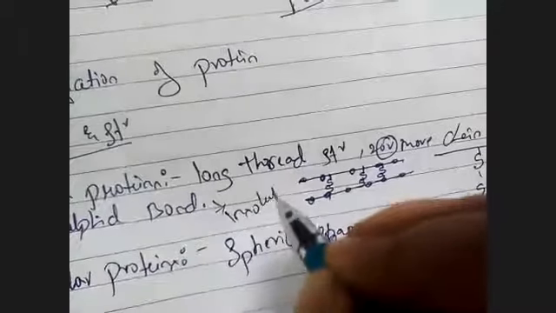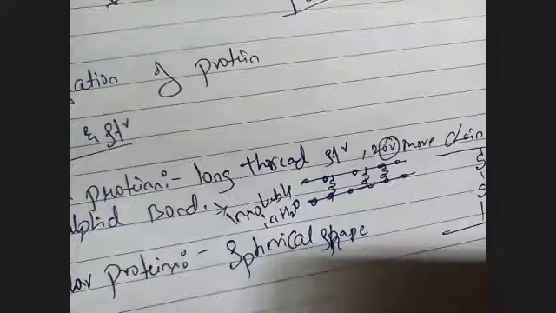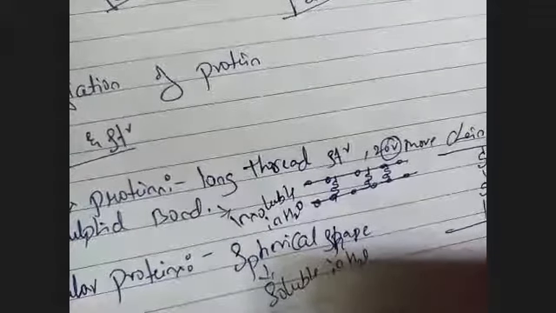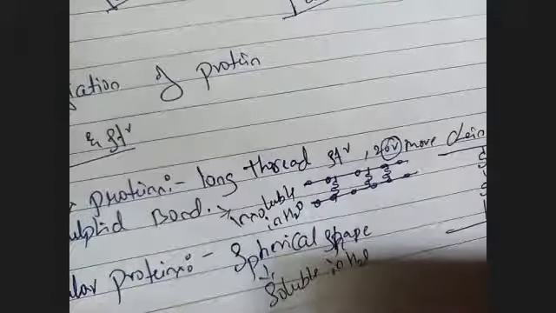Your fibrous protein, because of its fibrous nature, is insoluble in water. You can just think and say it, right? So these proteins are insoluble in water. Your globular protein is spherical in shape and it is soluble in water.